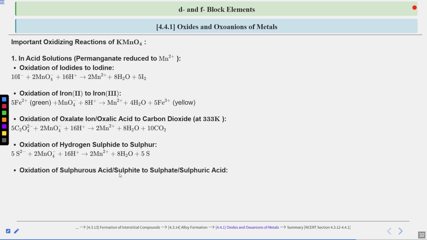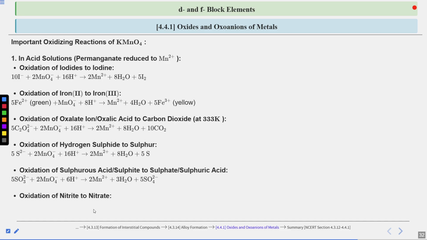Oxidation of sulfurous acid or sulfite to sulfate or sulfuric acid: 5 SO3 2 minus plus 2 MnO4 negative plus 6 H+ give 2 Mn2+, 3 water molecules plus 5 SO4 2 minus ions. So sulfite converts to sulfate, and the permanganate is reduced to Mn2+.